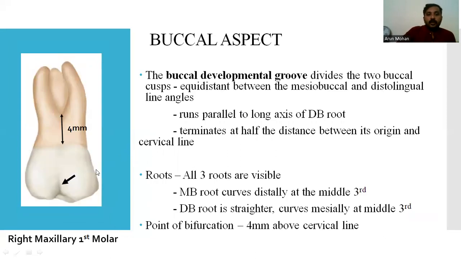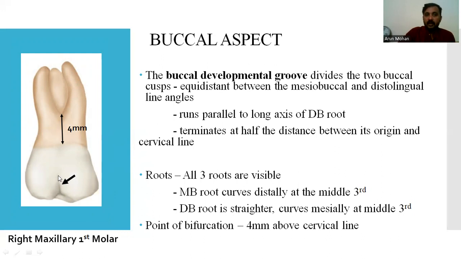The most important structure present on the buccal aspect is the buccal developmental groove, which divides the two buccal cusps. It will be almost equidistant from the mesiobuccal and distobuccal line angles, almost at the center of the buccal aspect.